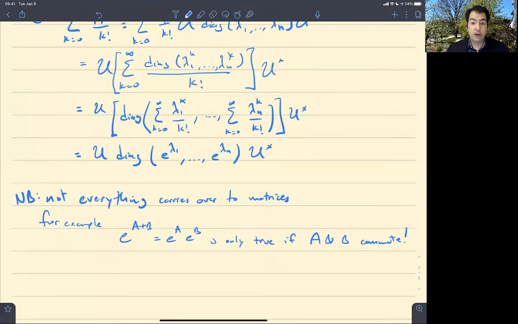Although you can define the exponential of a matrix, so I can define each of these terms, the exponential identity that works great for numbers doesn't work for matrices in general. It's only if they commute that you have this.